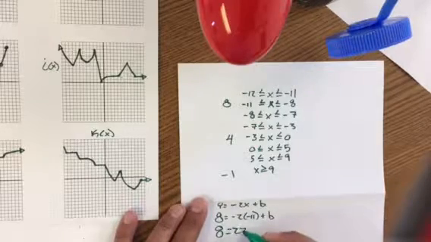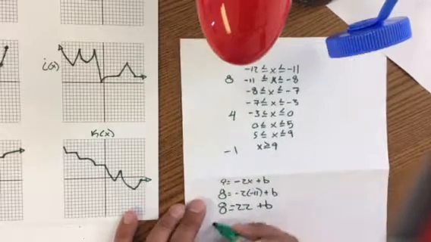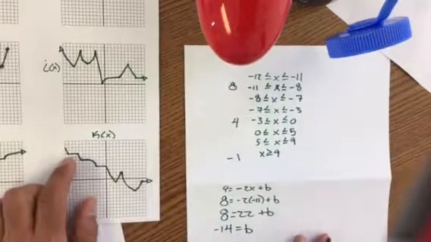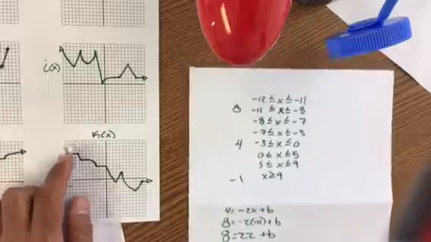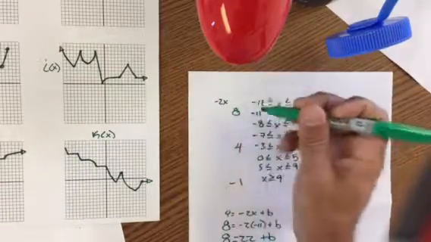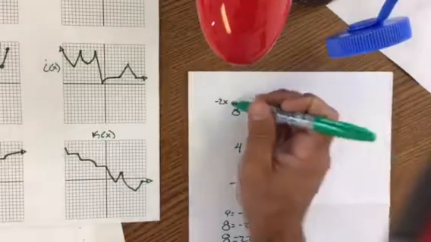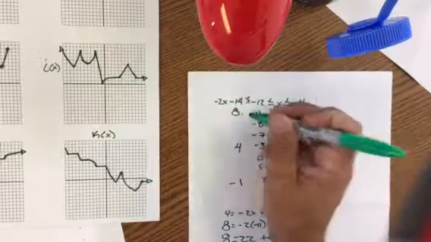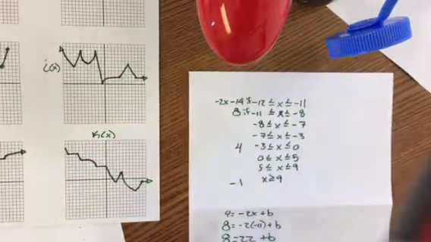I'm just gonna figure out what this is, subtract that, -14 equals b. So this first linear one is going to be -2x minus 14, if that happens.